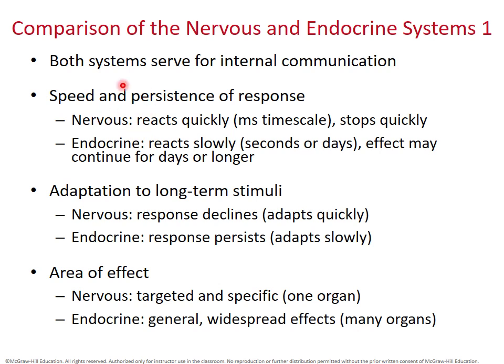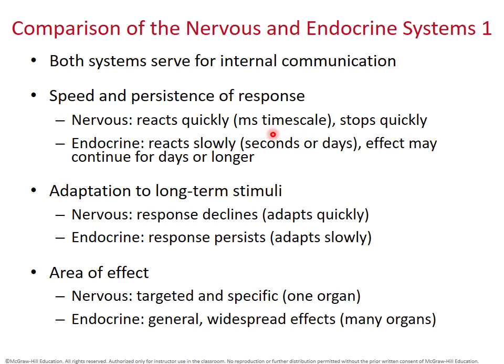They are a little bit different in terms of how quick the response is. The nervous system reacts quickly because, of course, it uses action potentials to travel most of the distance between cells. The endocrine system, of course, is a slower response because it takes time for hormones to be distributed by the bloodstream to their target organs.